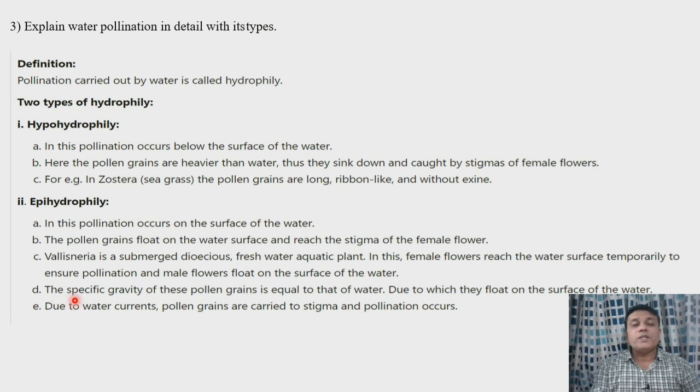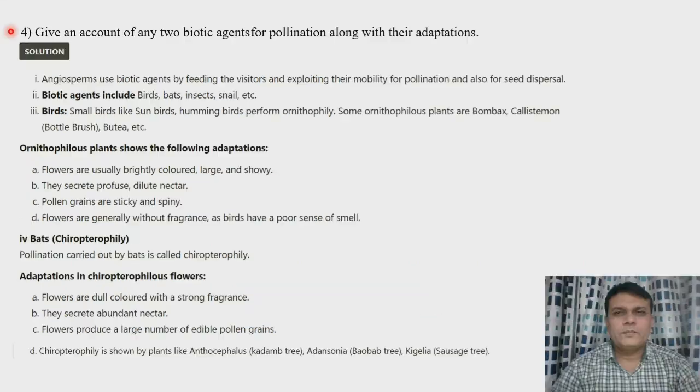The specific gravity of these pollen grains is equal to that of water, due to which these pollen grains float on the surface of the water. So due to water currents, the pollen grains are carried to the stigma and the process of pollination occurs.